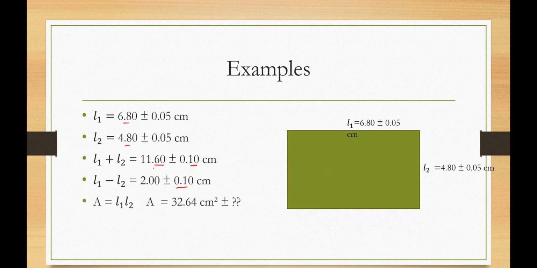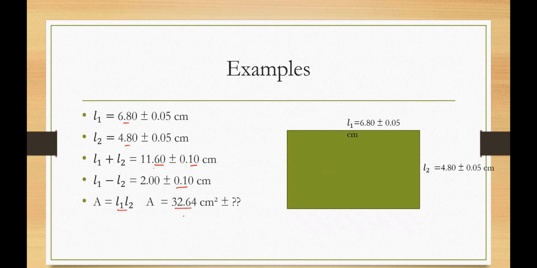Now, if we want to find the area of the rectangle, then it is a multiplication. Then we should work with fractional or percentage uncertainties. So let me show you how to work stepwise for multiplication and division. Step number 1 is write down the equation, which is here.